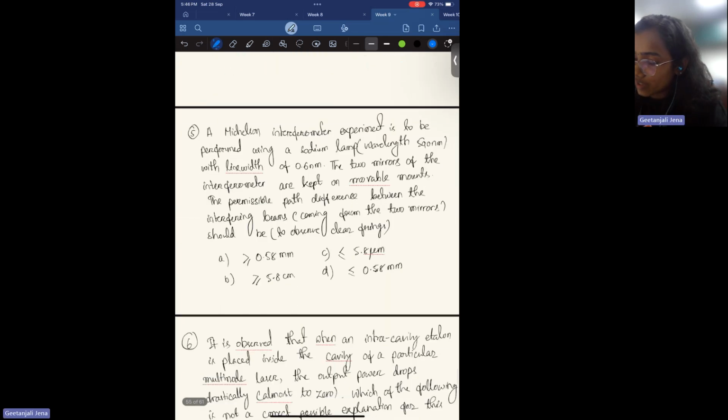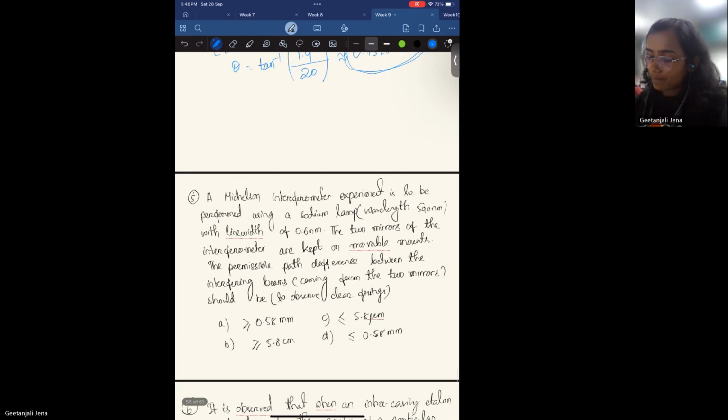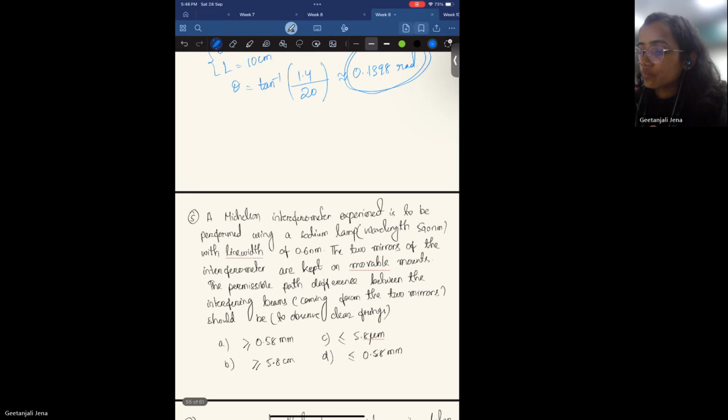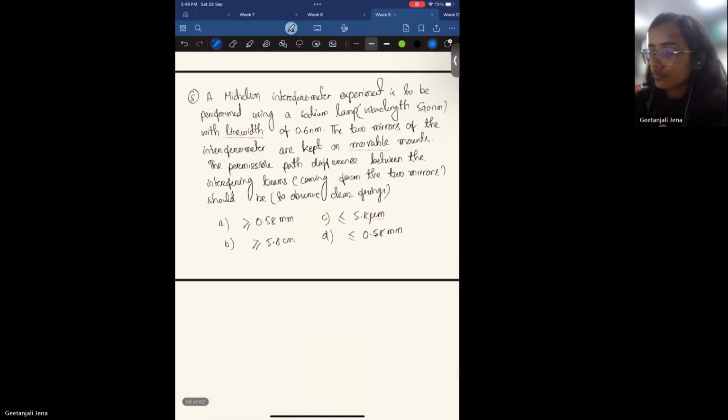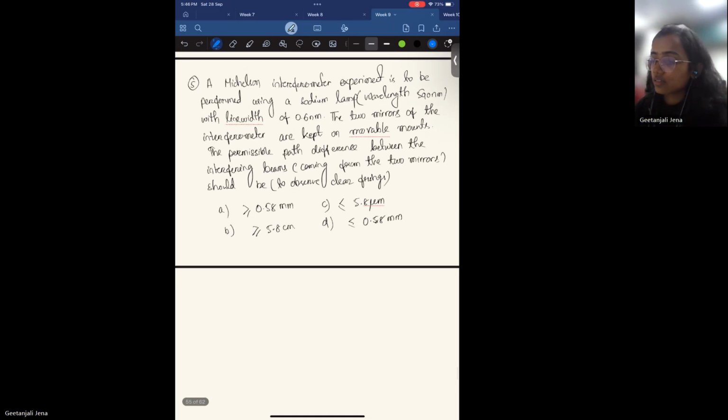So now let us move to our next problem. The next problem says a Michelson interferometer experiment is to be performed using a sodium lamp, whose wavelength is around 590 nanometer with a line width of 0.6 nanometer.